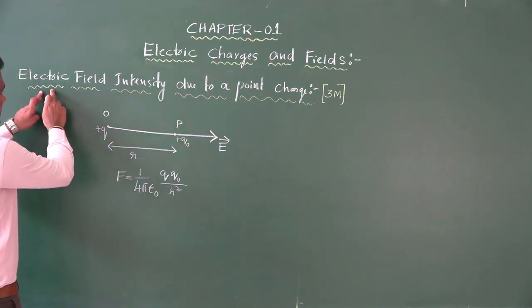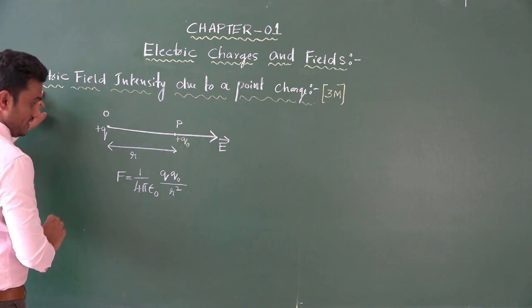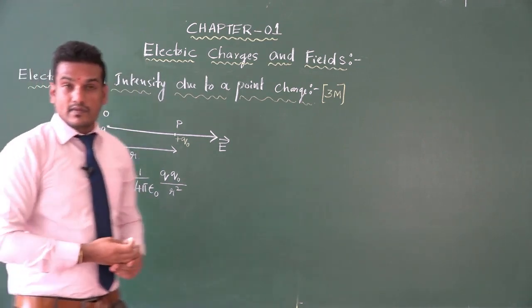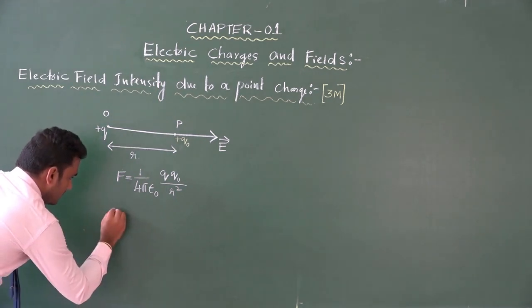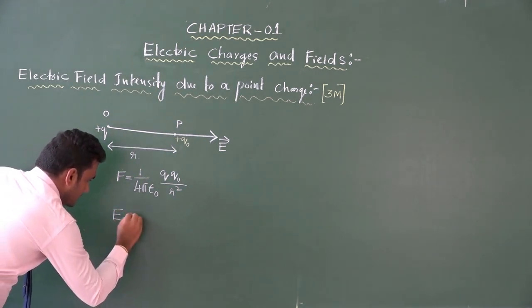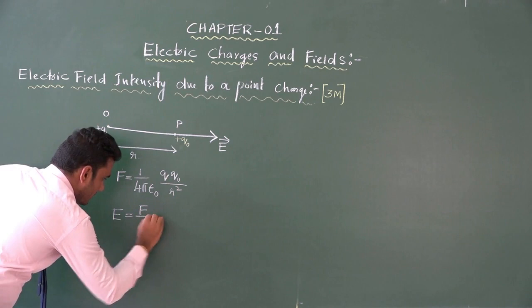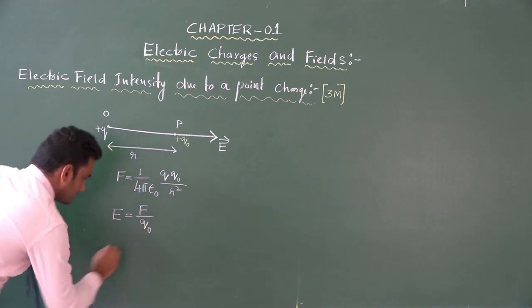But we are calculating electric field intensity. We already have the mathematical expression for electric field intensity, that is E is equal to F divided by Q naught.